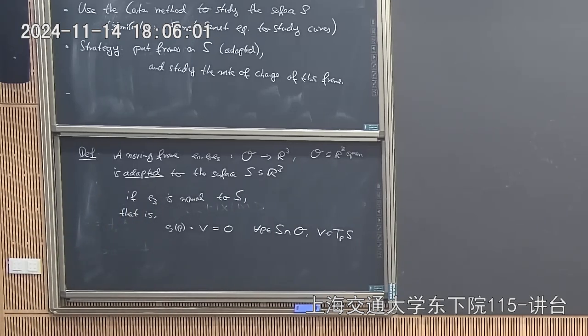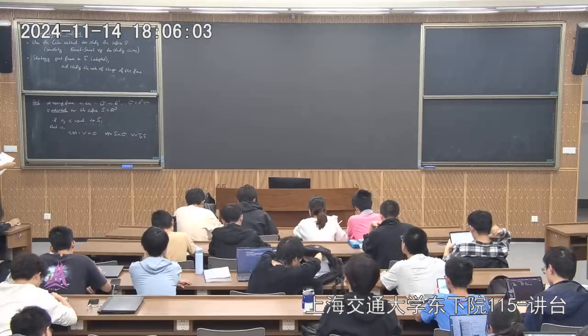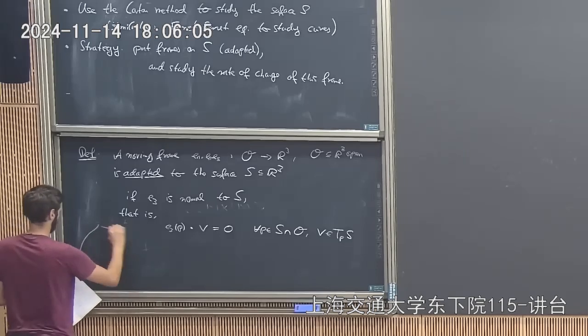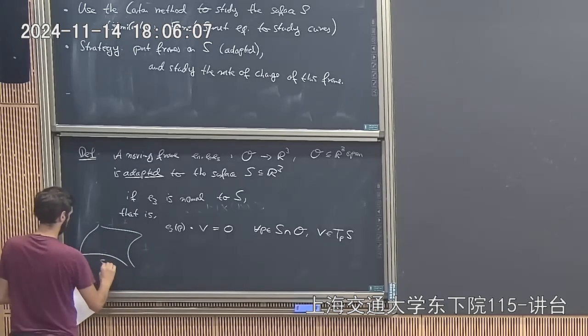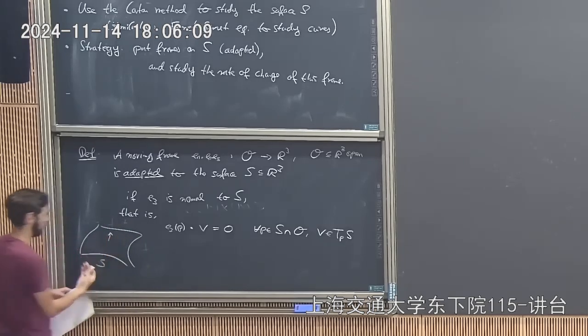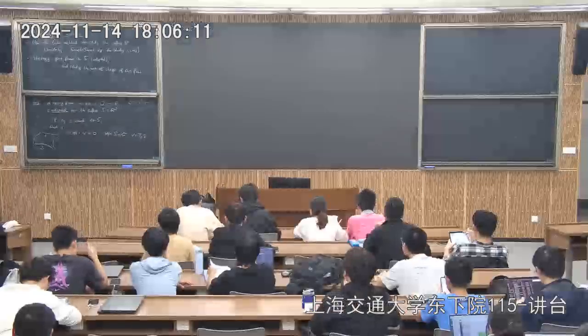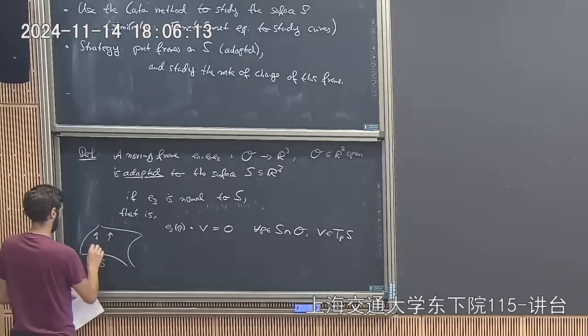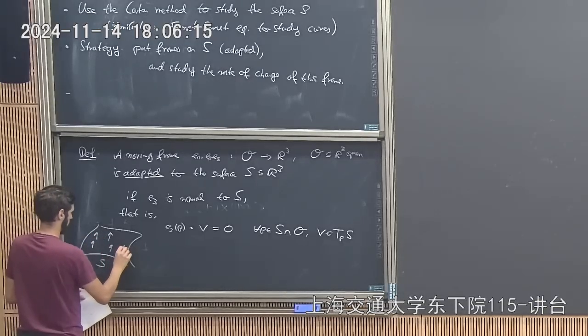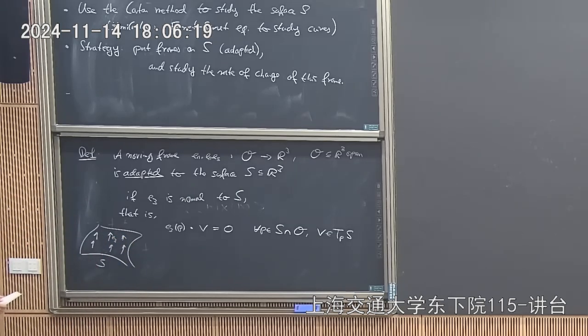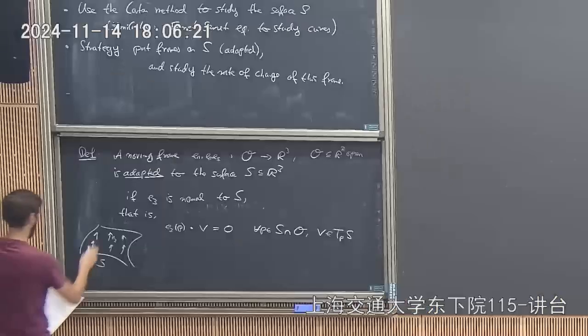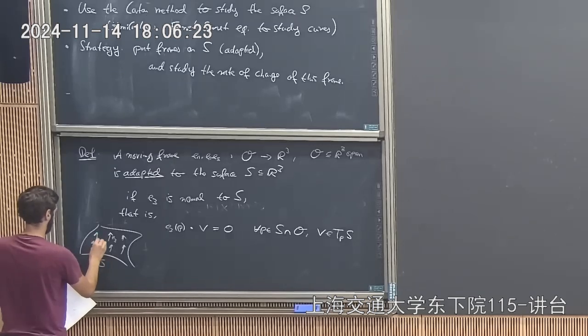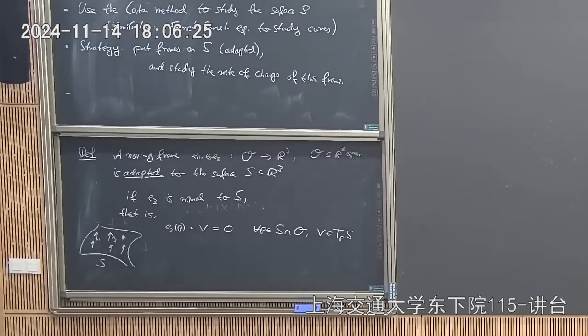We have the third vector pointing out of the surface in the normal direction. So that's E3, which is orthogonal to the surface.